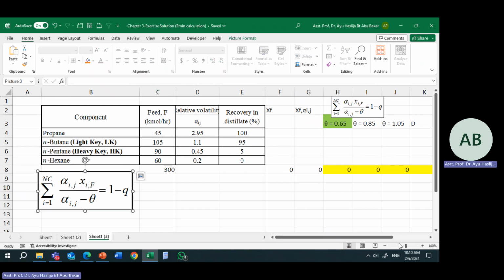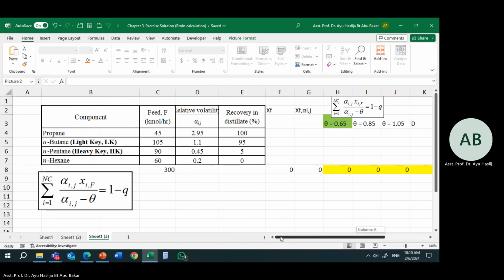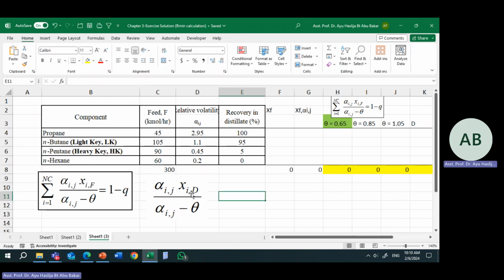And to find the Rmin, you need the fraction of the distillate. So these are the infos that you require.